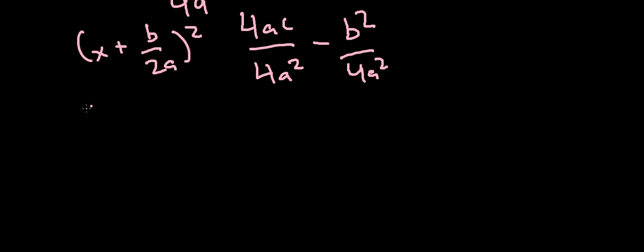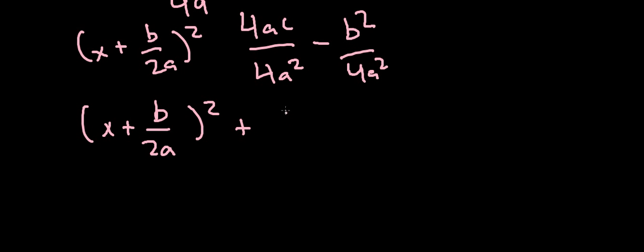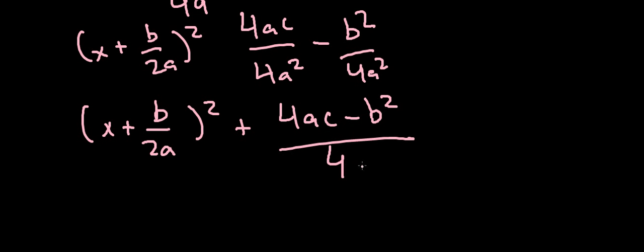And then I get x plus b over 2a squared, plus 4ac minus b squared over 4a squared.